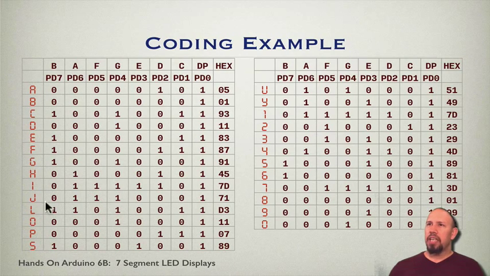So here I've displayed some that are pretty straightforward. And all the numbers can be easily displayed. That's actually why the 7-segment LED was designed. First of all, it's 7 segments, and with the decimal point, that's 8. And since 8 is kind of a magic number with computers, that's why we have that.